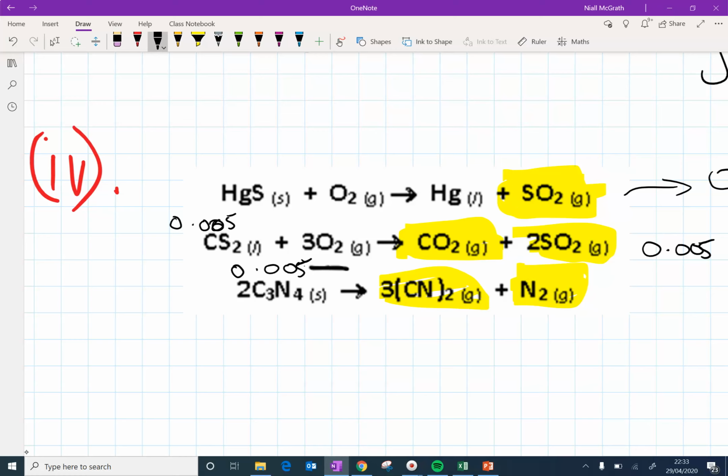What this means is that it is twice the number of moles of nitrogen that you have, or it's in a ratio of 2:3:1 across.